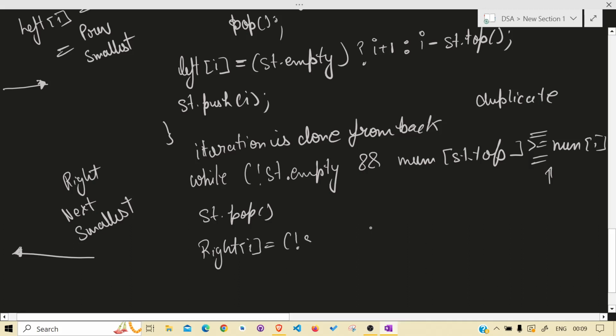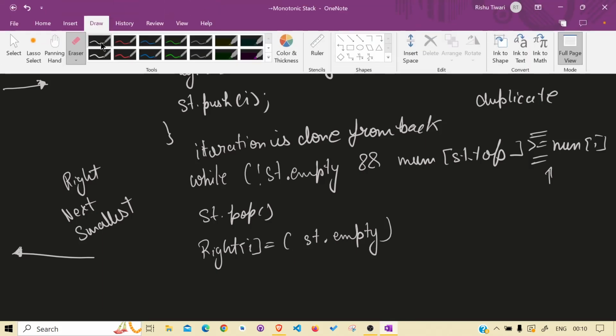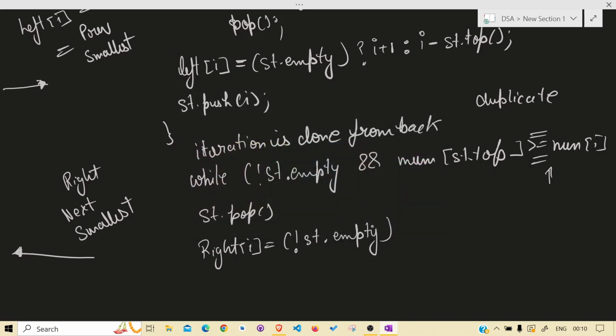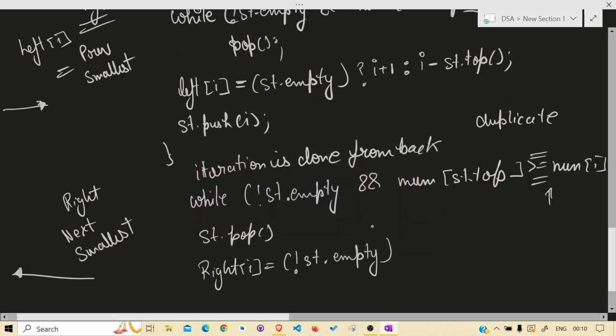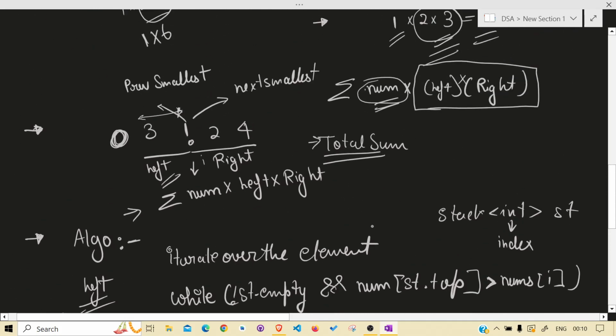If this is not empty, we have someone smaller over here.